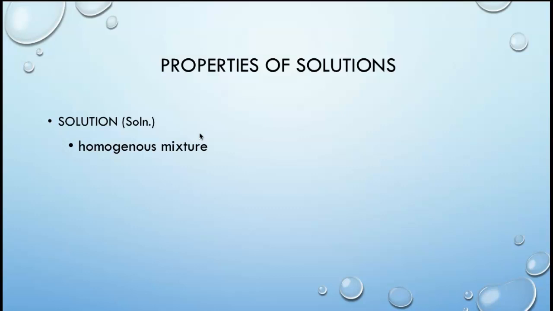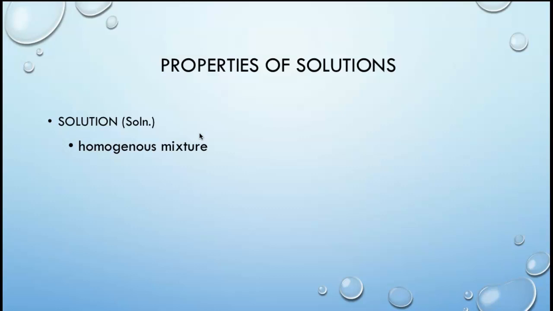So a solution is defined as a homogeneous mixture. And we learned back in Unit 2 that all matter can be split up into two big categories. It can be either a pure substance, which is an element or a compound, or it can be a mixture, which is two or more pure substances that are physically combined.